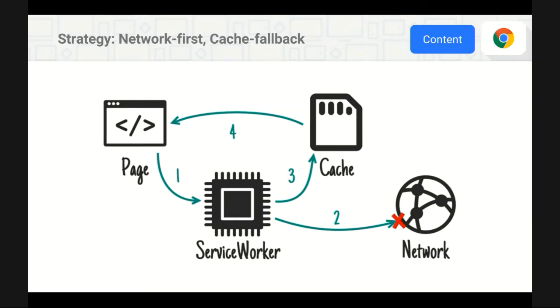Another approach you might want to take, kind of the opposite, is to go to the network first. Maybe you're offline though, so it tries to go to the network, the request fails, and you could then say, okay, I would like to fall back to whatever my previously cached copy is. This is a really good strategy to use when you're dealing with data that needs to be as fresh as possible.